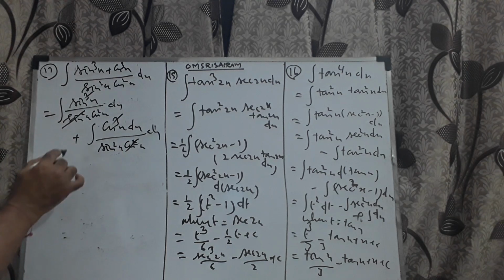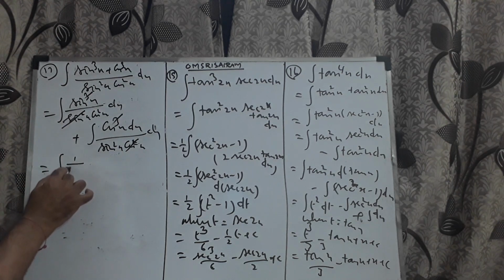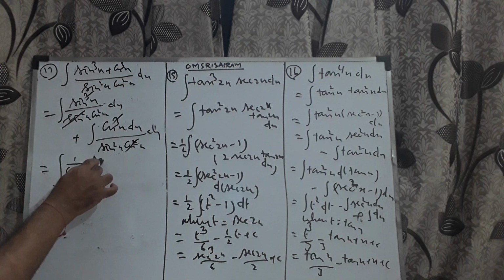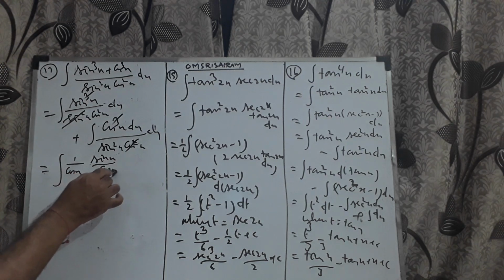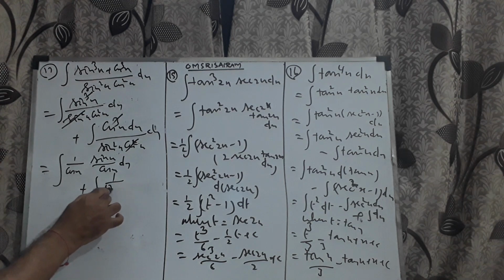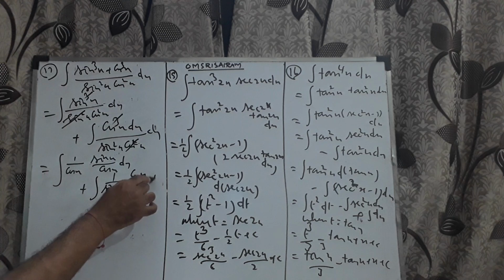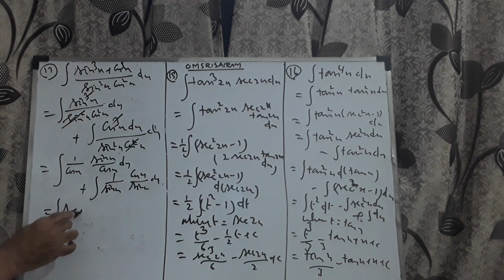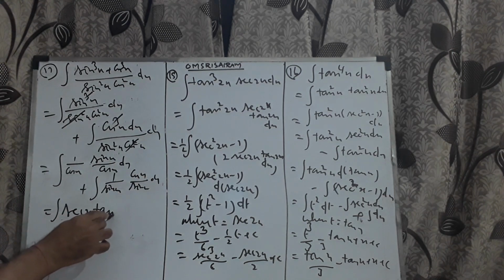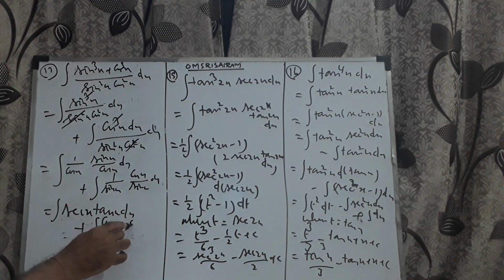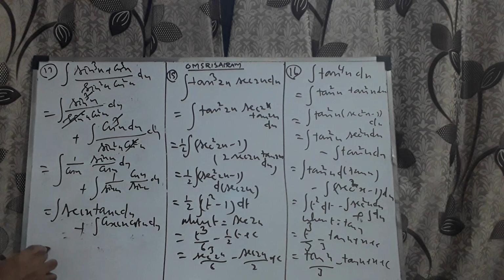Therefore this can be written as integral 1 by cos x into sin x by cos x dx plus integral 1 by sin x into cos x by sin x dx. This is nothing but integral secant x tan x dx plus integral cosecant x cot x dx, which is nothing but secant x minus cosecant x plus c.